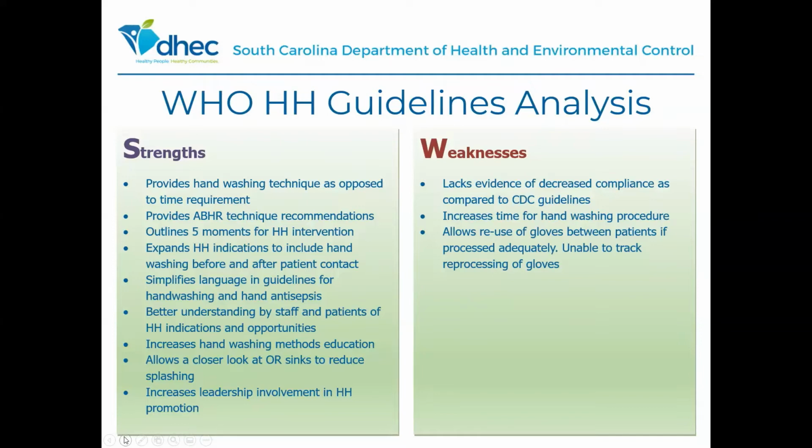It simplifies the language in the guidelines around hand washing and hand antisepsis. It gives staff and patients a better understanding of hand hygiene indications and opportunities. It increases hand washing methods education, and it allows a closer look at OR sinks to reduce splashing, and I'll talk about that as well. It increases leadership involvement in hand hygiene promotion.